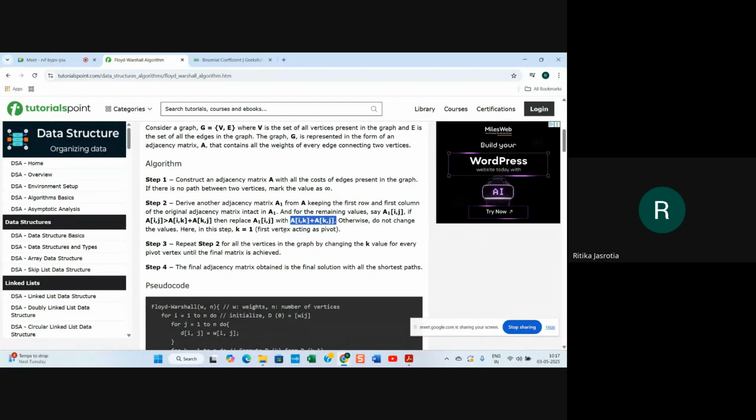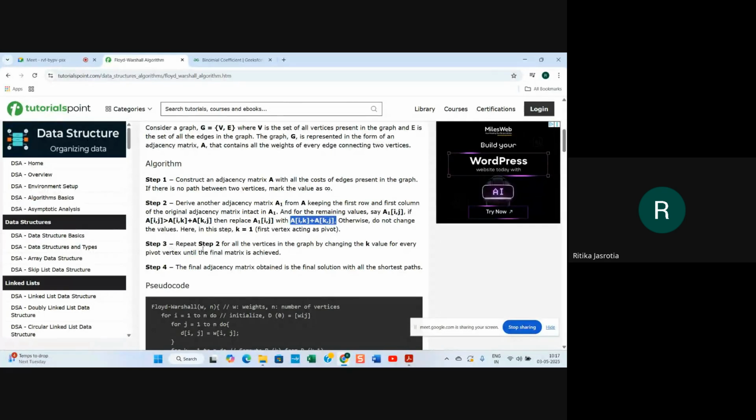Right. Otherwise, do not change the values. Here in this step, k is equal to 1, the first vertex acting as a pivot. That is how you will keep on doing.